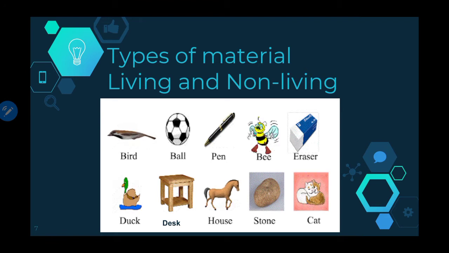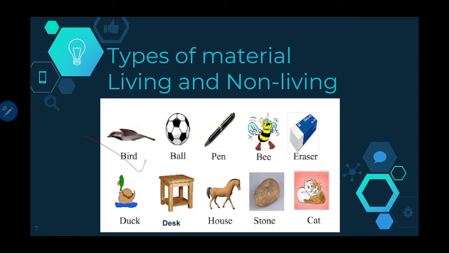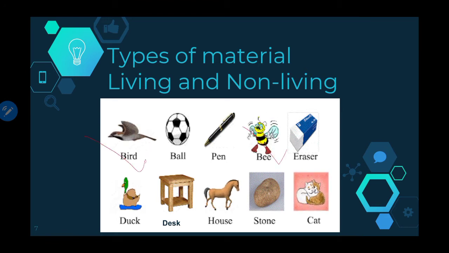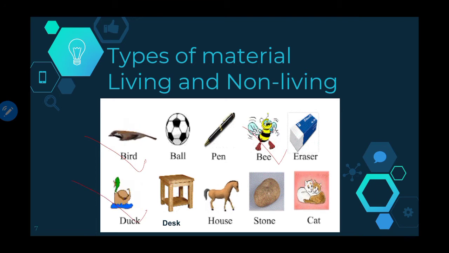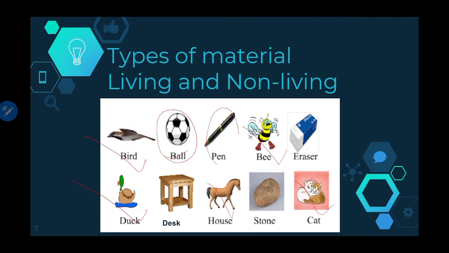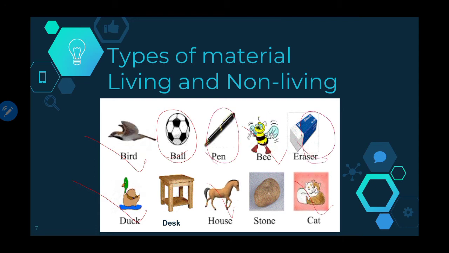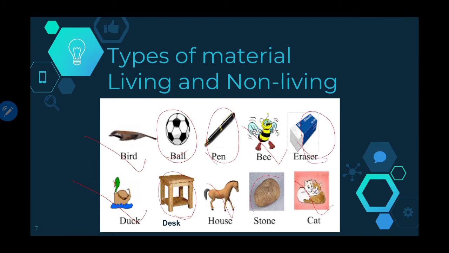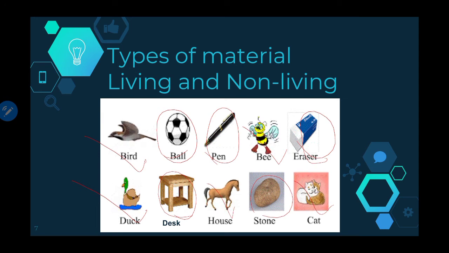The moving objects that you can see in this picture, bee, duck, horse, and these cute kittens, they all are living things. And apart from that, pictures, ball, pen, eraser, desk, stone, these all are non-living things.